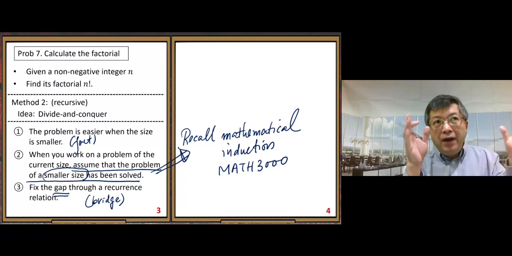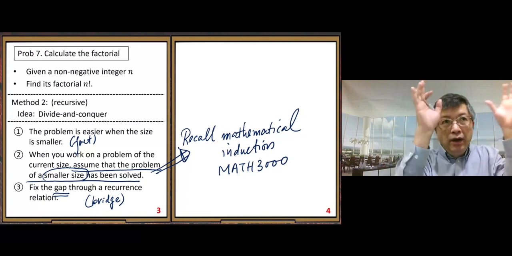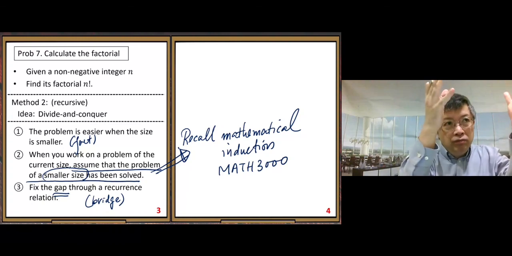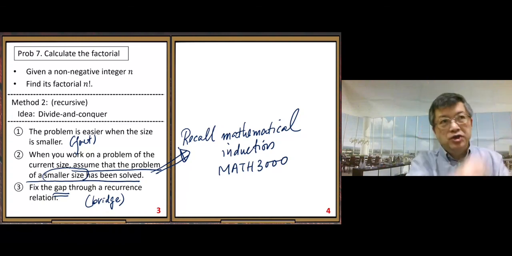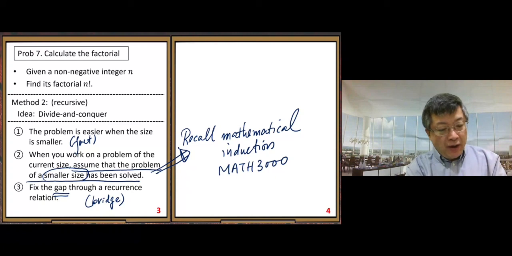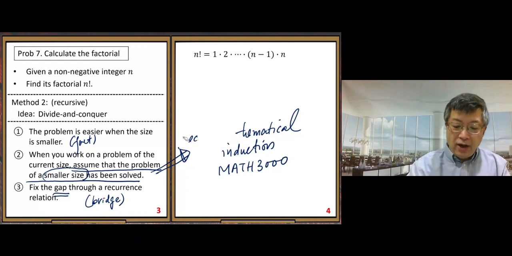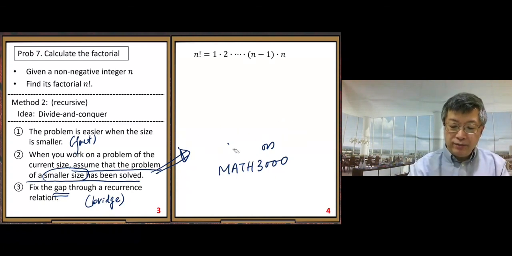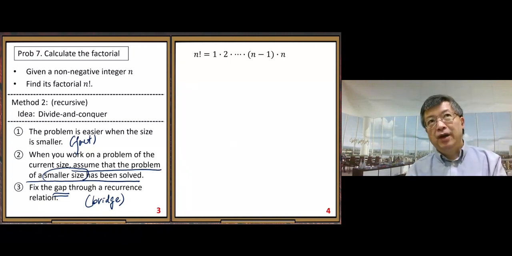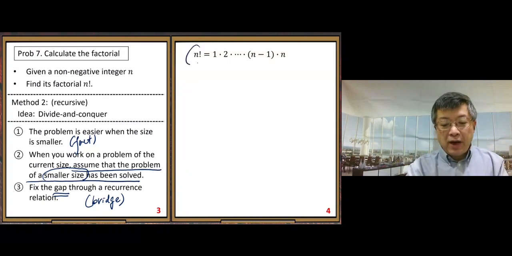So that is the whole reasons behind this method. Now, let's apply that logical reasoning on our factorial problem. So for this factorial, first, this is our current problem.